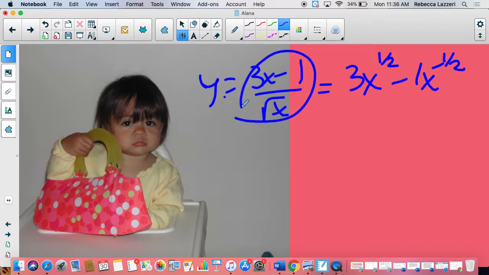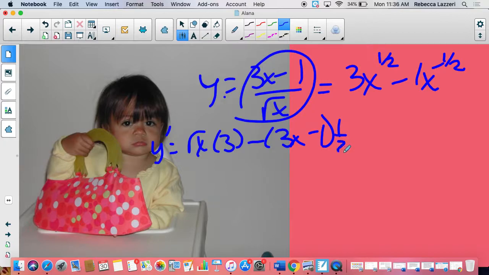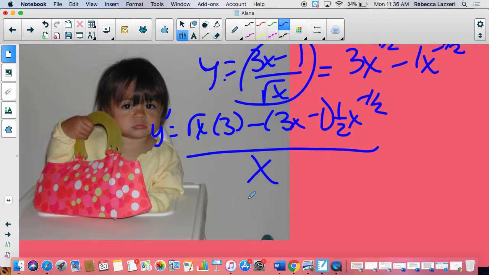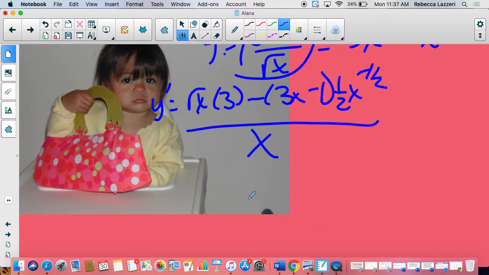But if I did do the quotient rule, then I'm going to say low D high minus high D low over low low. All right? And normally I would have written it all out and gone back to it. Don't forget in your homework for Wednesday, you might have something inside to go back to, a chain rule. All right, now negative exponent.